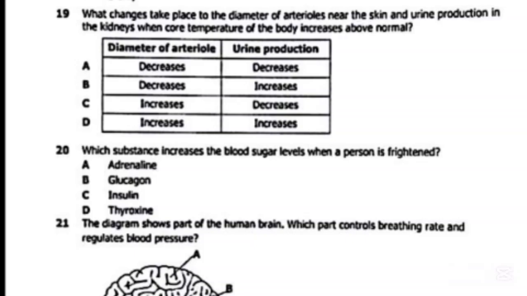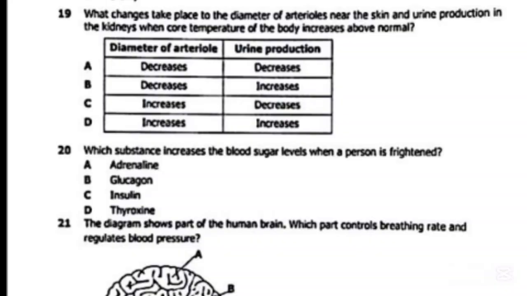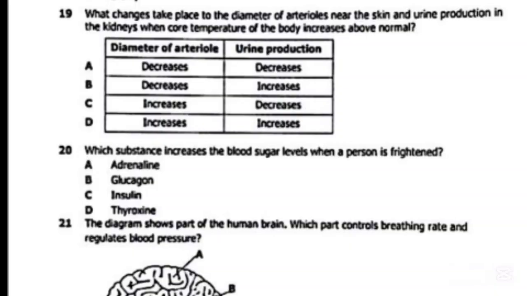So here they are saying that when your body temperature rises, how does your body handle this situation? They are talking about the differences which occur in the arterioles and urine production. How is urine affected and how are the arteries affected? Remember, whenever your body is hot, the diameter of the arteries will increase.